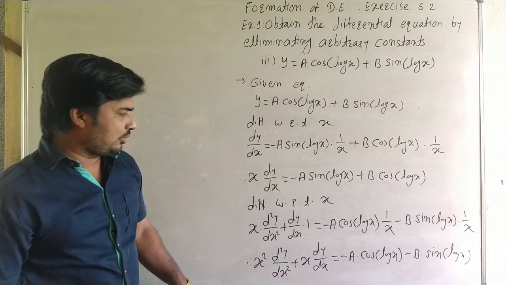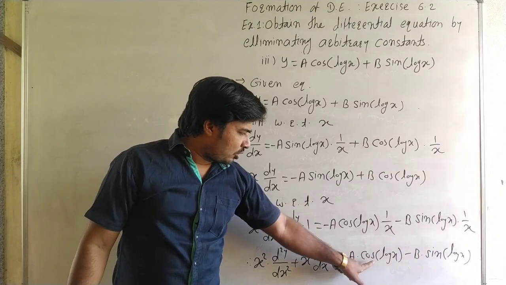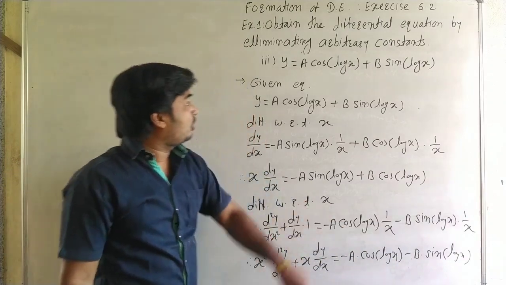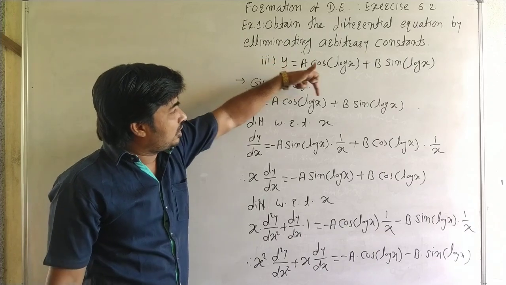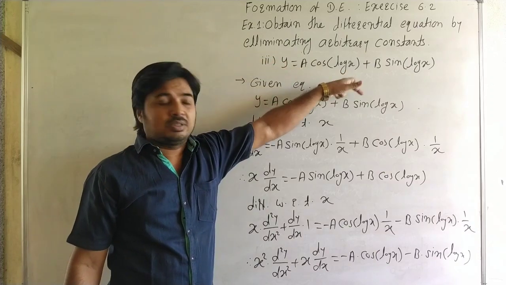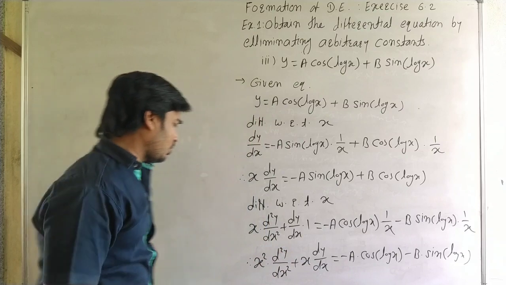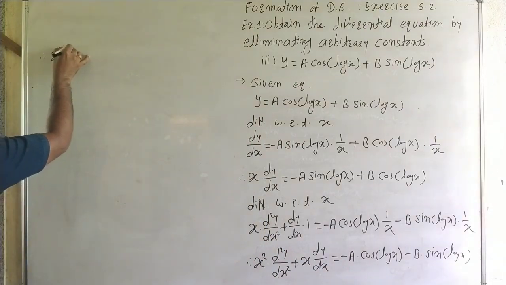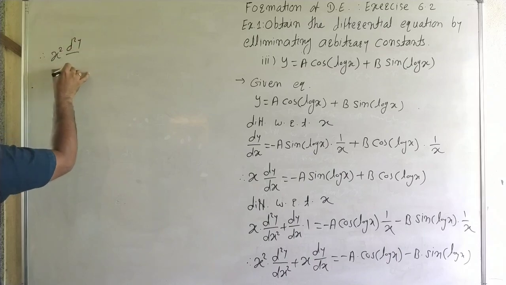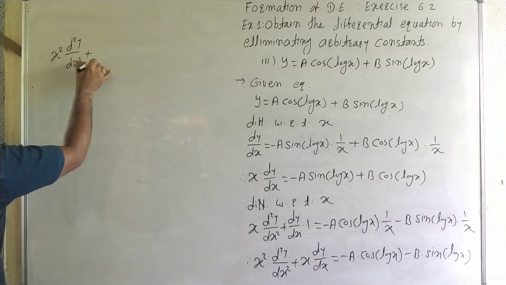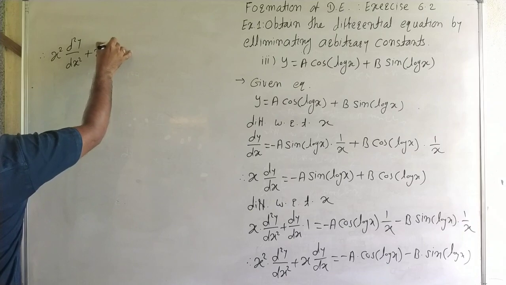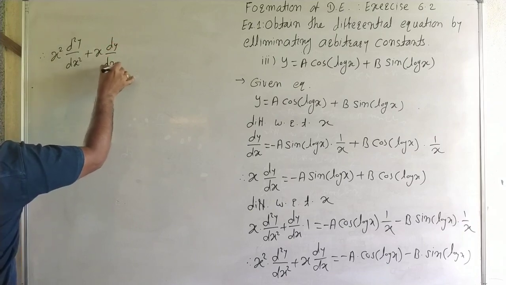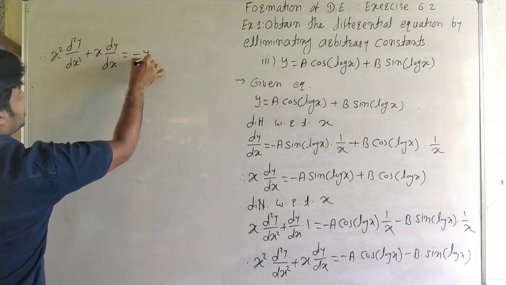Here, minus a cos of log x minus b sin of log x, we can write as minus y. Therefore x square d2y by dx2 plus x dy by dx is equal to minus y.